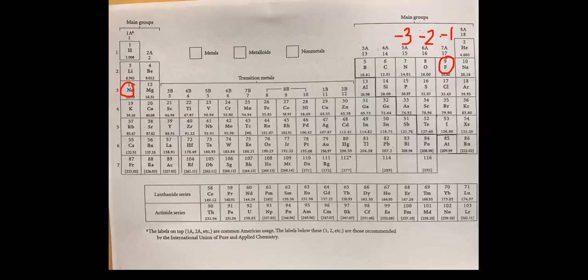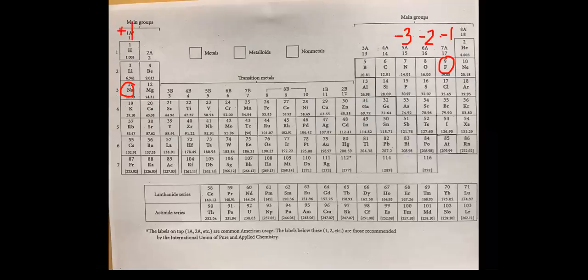So if you lose 1 electron, what's your charge going to be? +1. Because you're losing a negative charge, you become positive. So that's going to be Na plus.